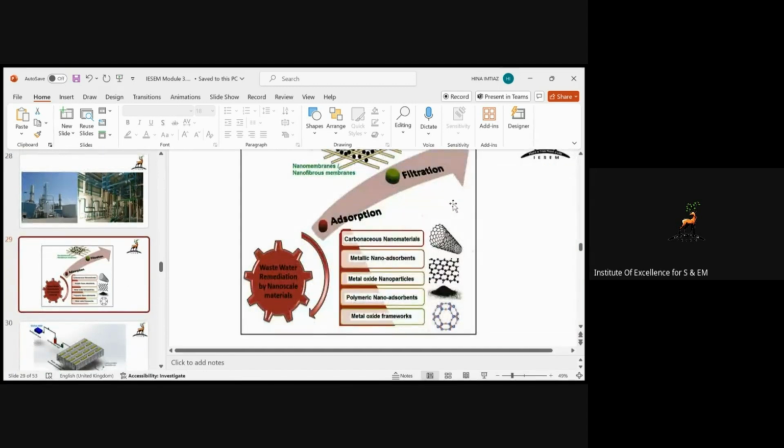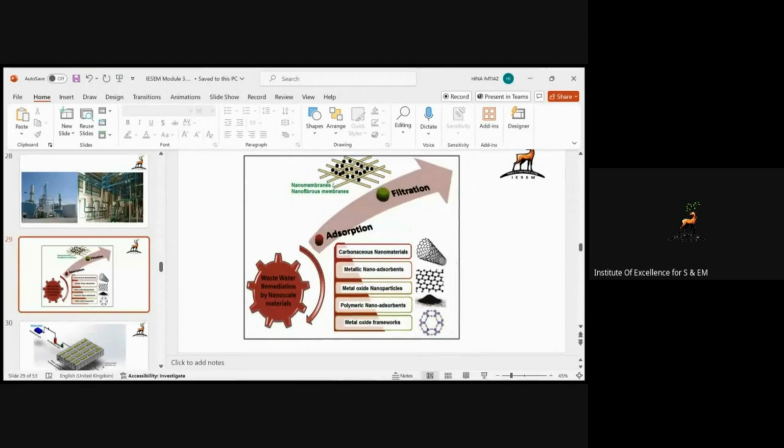So I have already told you in the previous classes that there is a very novel and innovative technique known as the nanoscale technique, or nanotechnology, which has a huge role in wastewater treatment plants, and it has been working successfully in treatment plants whose main purpose is to produce zero discharge water.